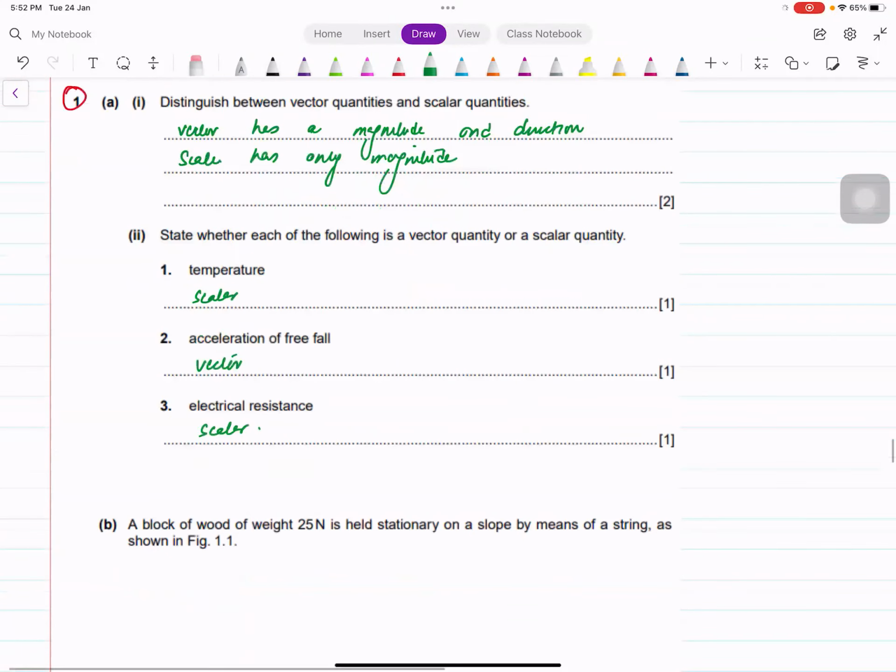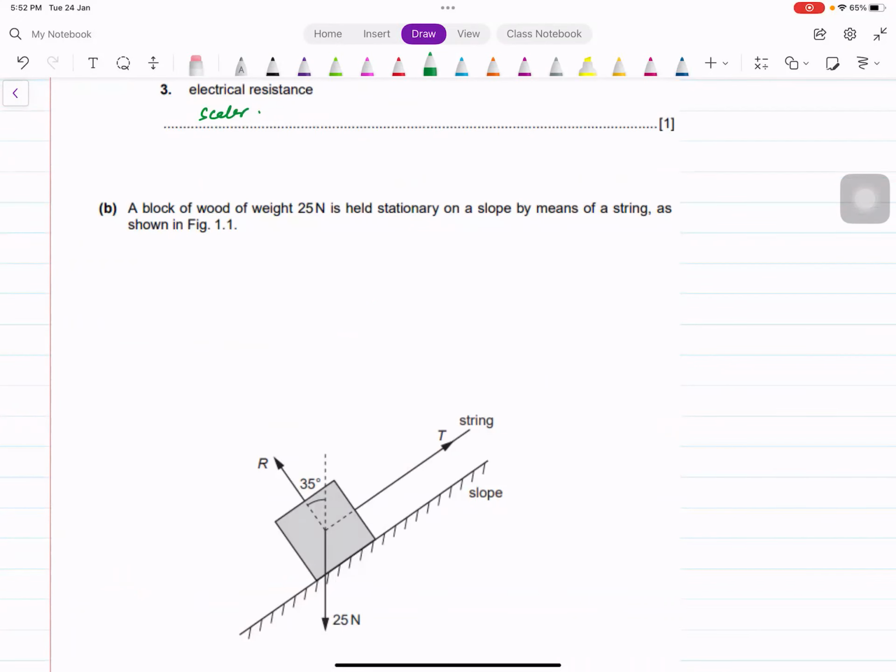Now, this question is quite interesting, and I would like to discuss it. It says a block of weight 25 newtons is held stationary. If it is held stationary, that means it is in equilibrium. And equilibrium means that all forces are balanced.